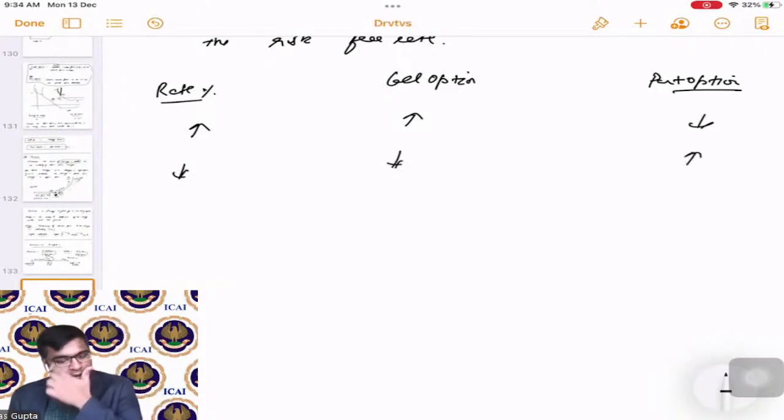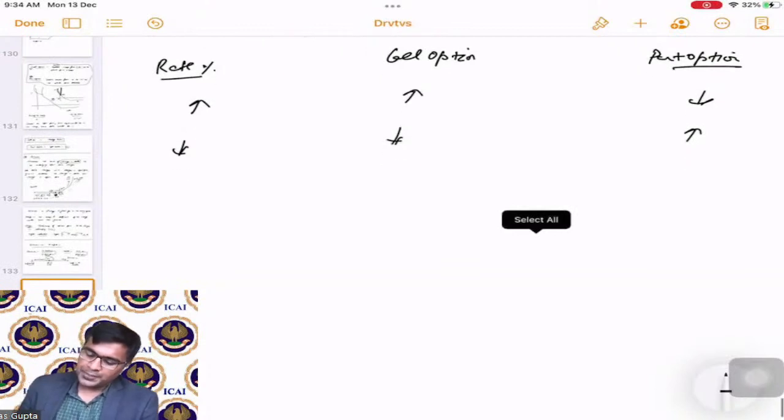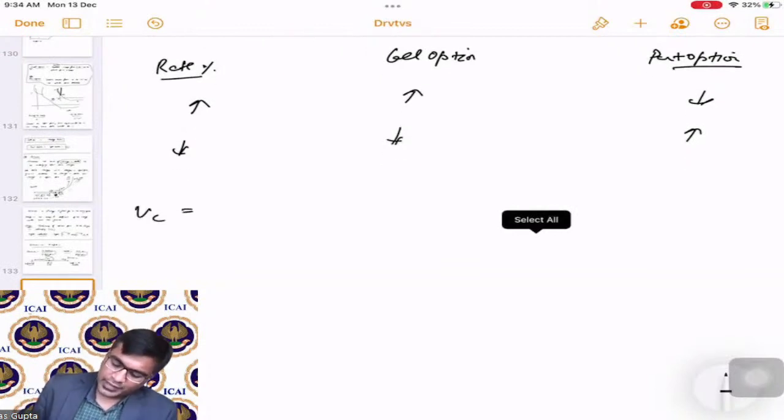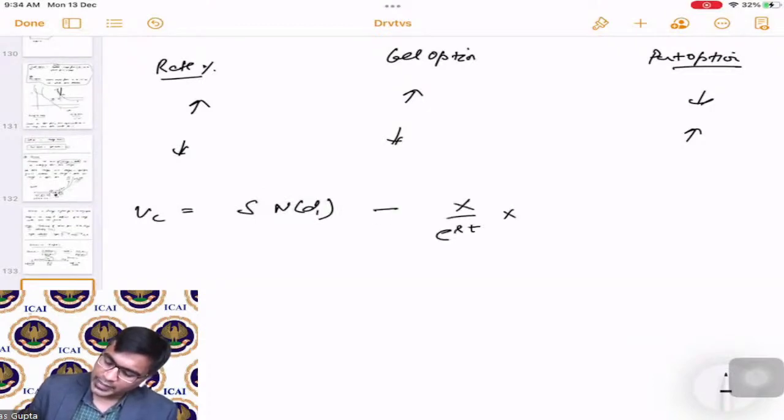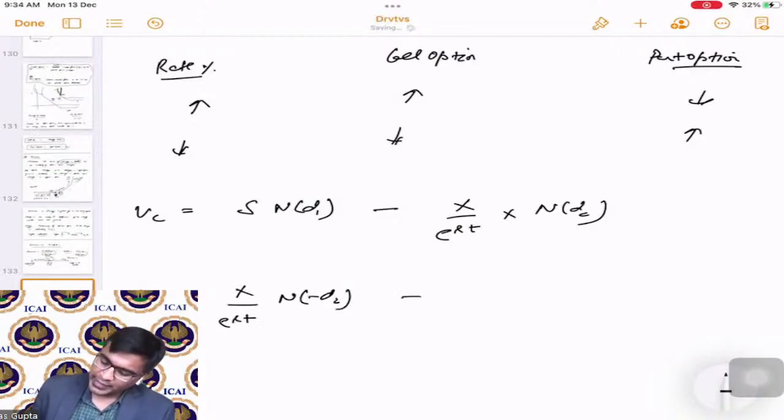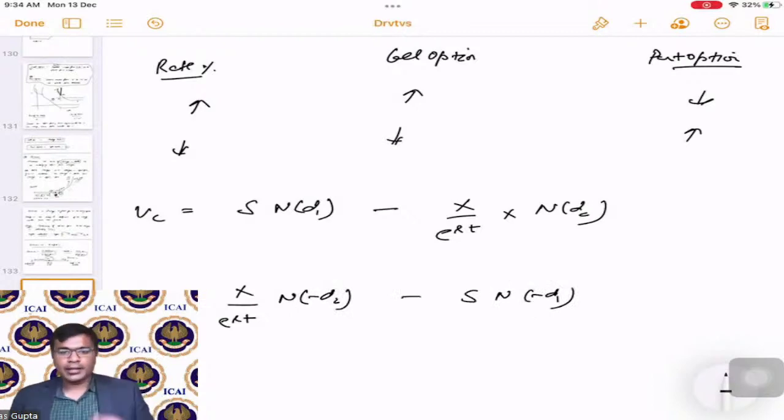This we can simply check from the option formulas itself. The value of call is N(d1) minus X e^(-rT) multiplied by N(d2). The value of put was X e^(-rT) N(-d2) minus S N(-d1). This was the formula, correct?